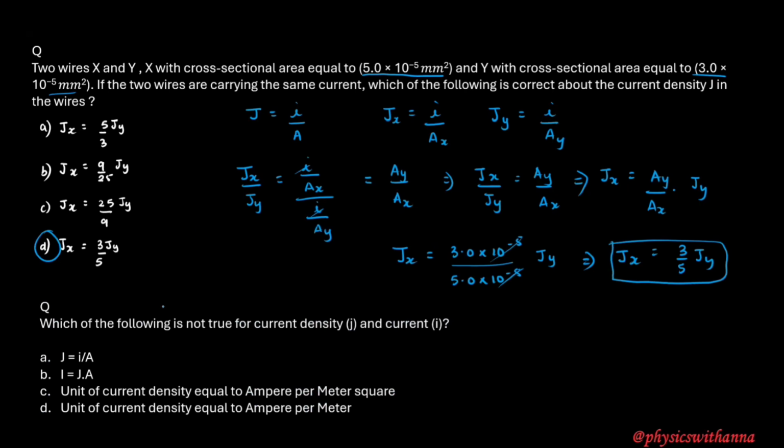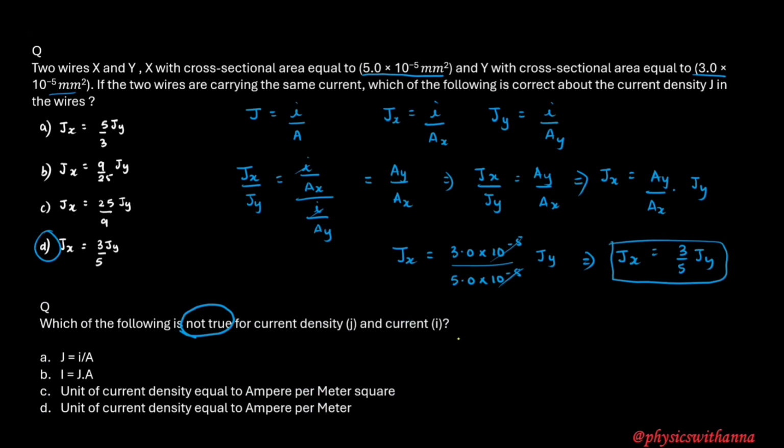Then in the next question, you have: which of the following is not true for current density J and current I? Here they are asking what is not true, which means which is not correct for current density. Please be very careful with this kind of question and look at the keyword, whether they are asking what is true or what is not true.